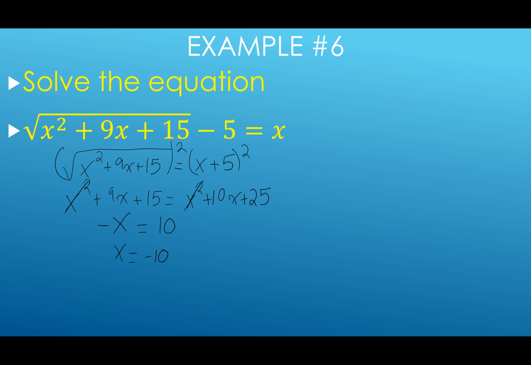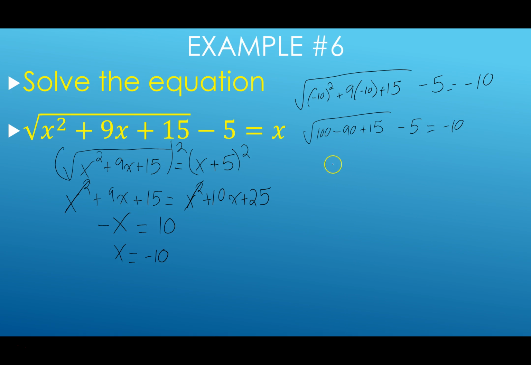So we need to plug it back in. We have the square root of -10 squared, plus 9 times -10, plus 15, minus 5, equals -10. And then from here, we work it out. -10 squared is 100, minus 90 plus 15.